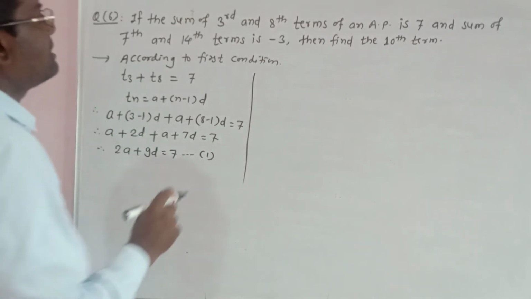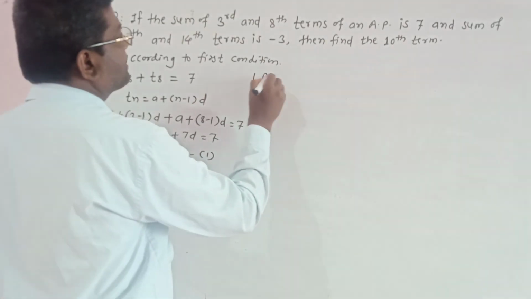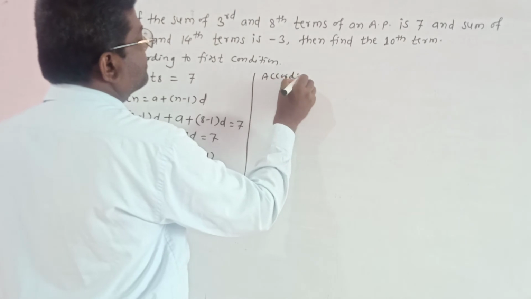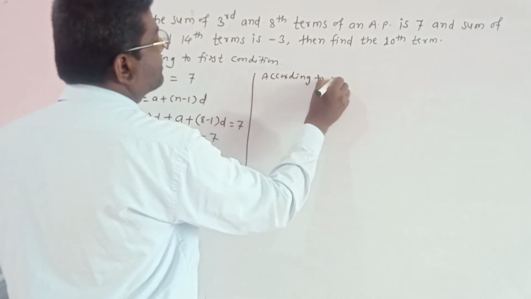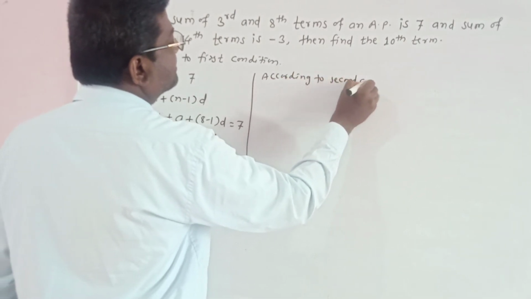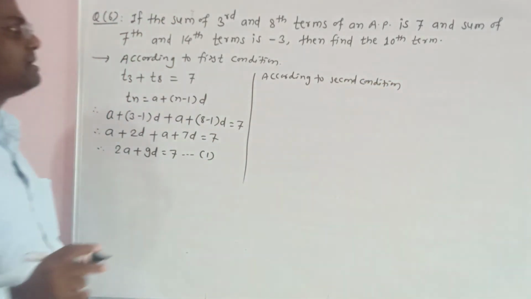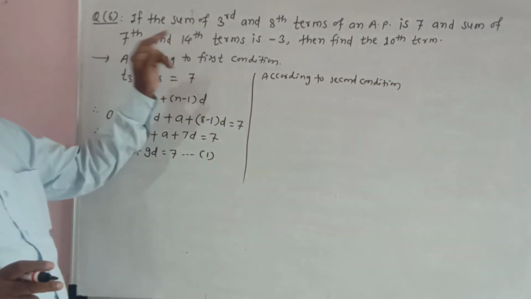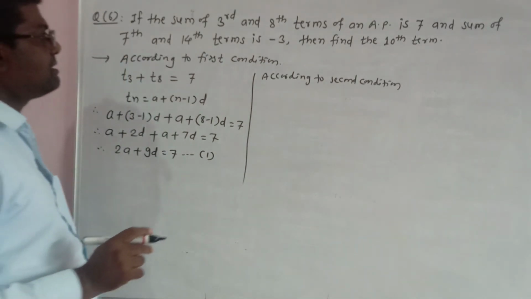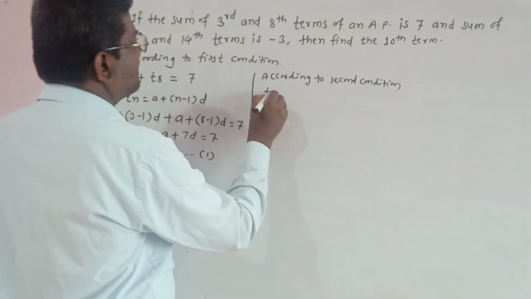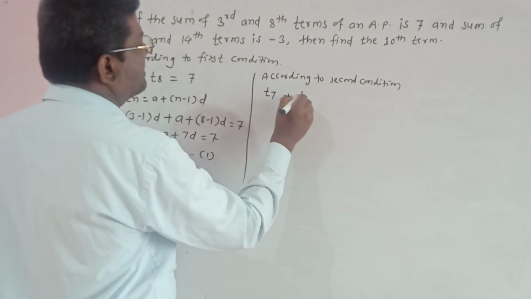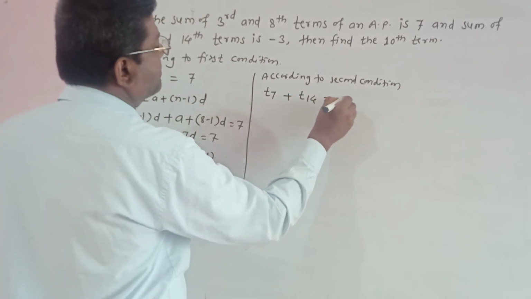Now we are given the second condition. According to the second condition, what is the second condition? The sum of 7th and 14th terms is minus 3, that is T7 plus T14 is equal to minus 3.